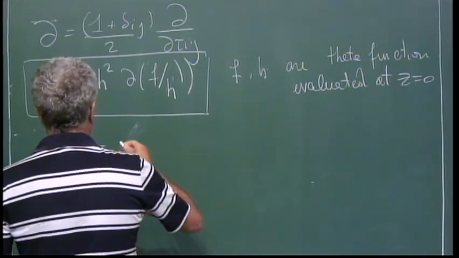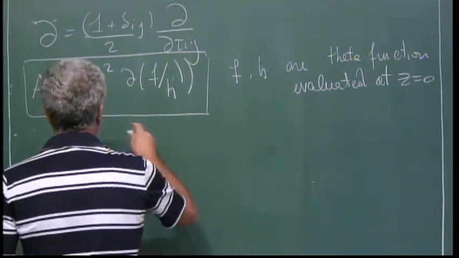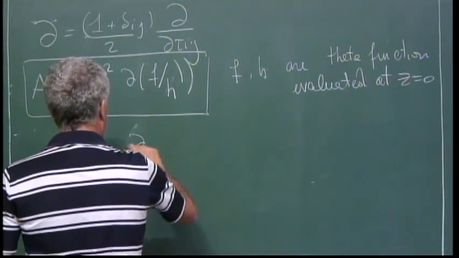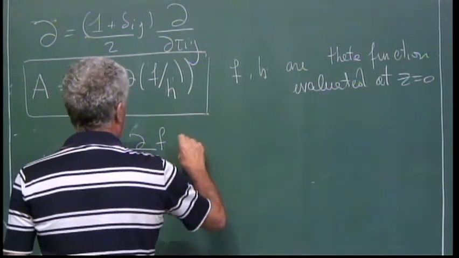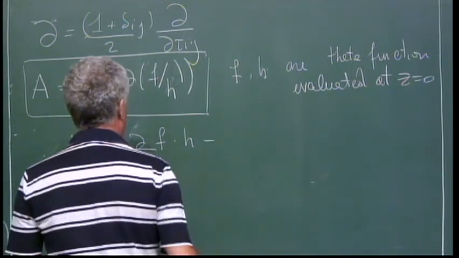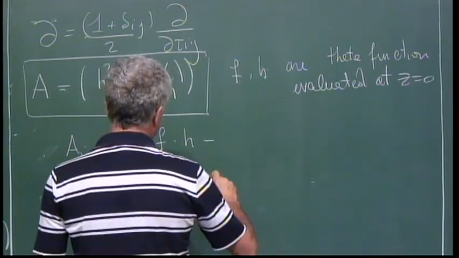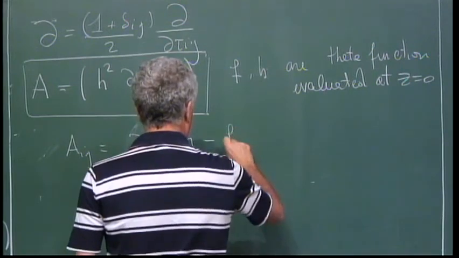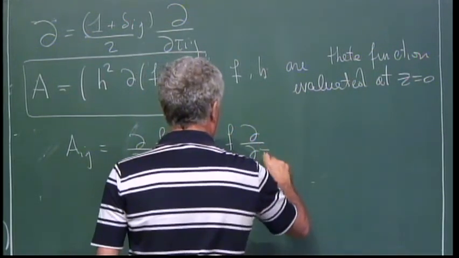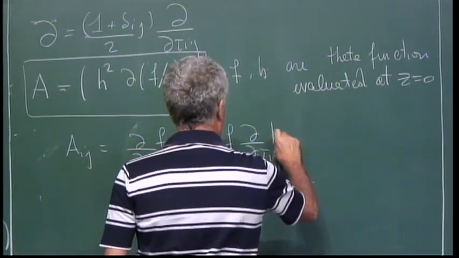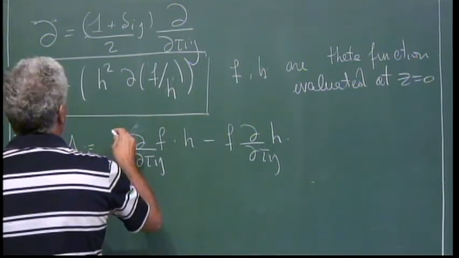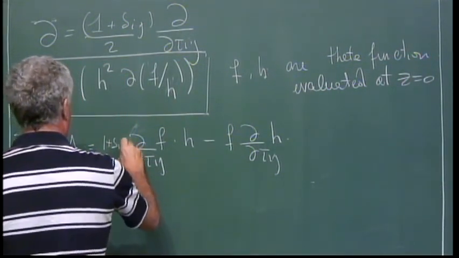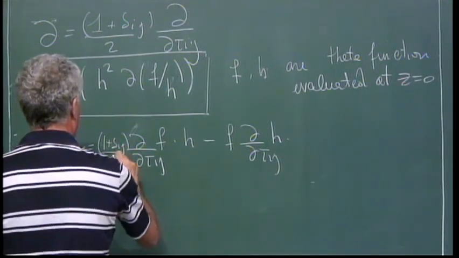now, let's say, d over d tau_ij of f times h minus f times d over d tau_ij of h, and then here I have to write (1 plus delta_ij) divided by 2.